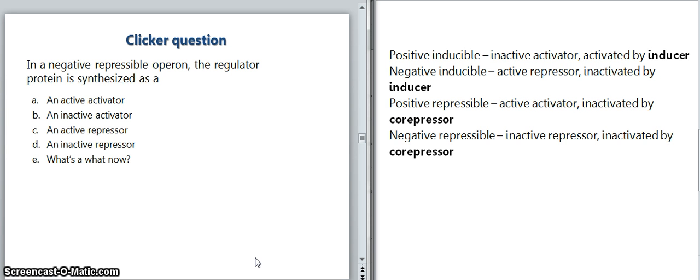In a negative operon, we have to have a repressor, so we know that it's either C or D. In a repressible operon, we know that it is automatically on, it needs to be turned off. So the answer needs to be inactive repressor, because if it's a repressor and the operon is normally transcribing, then it can't be active. It needs to be inactive. So the answer is D.